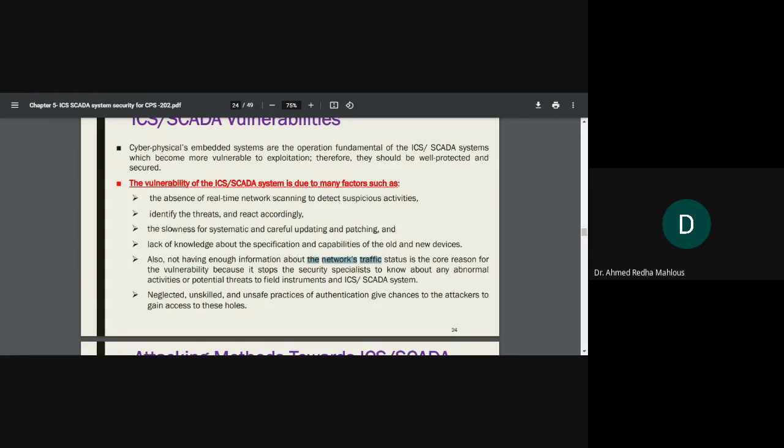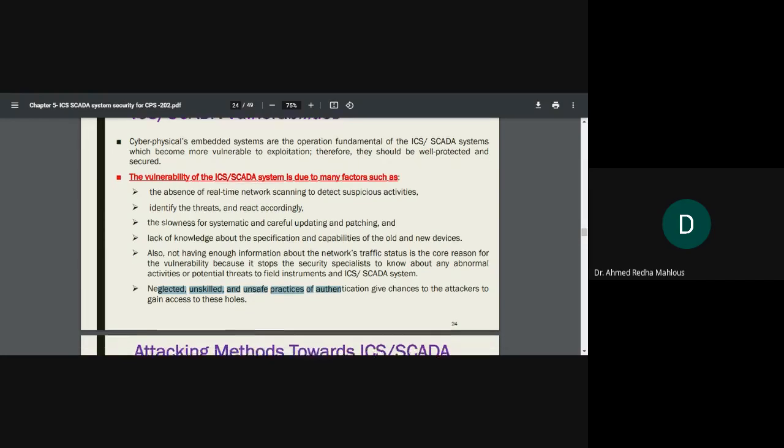And sometimes you have neglected and unskilled people, because the people working in the ICS SCADA system are not security people. They don't abide by security policies, for instance. They don't have experience. That means they are giving the attacker a chance to gain access and exploit the actions of those unskilled workers working in the ICS SCADA system.